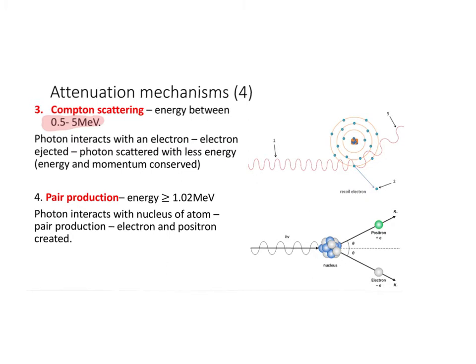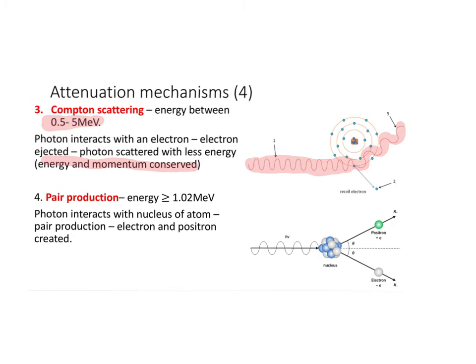The electron will be ejected, but since the incoming photon has more than the required energy to remove an electron, the rest of the energy will be released as a photon with less energy. In both cases, though, energy and momentum are conserved. So no conservation laws are broken.